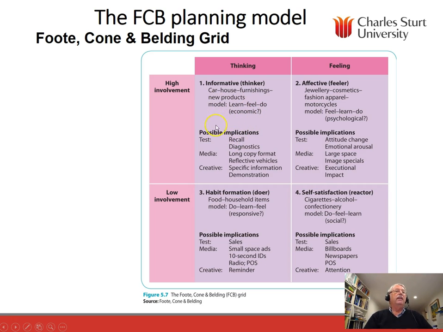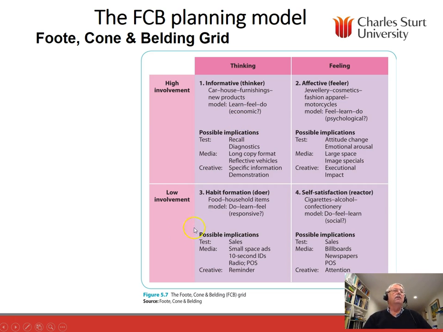So the possible implications, how do we test for high levels of involvement? We test for recall. We would use long copy format, provide reflective vehicles, and so we need lots of information in this particular process.